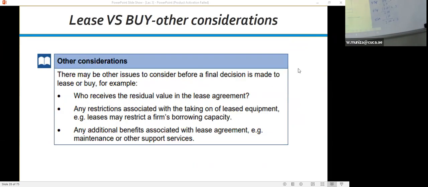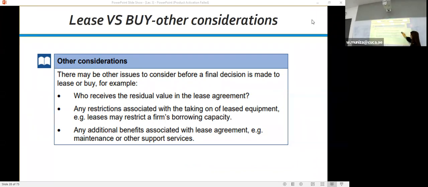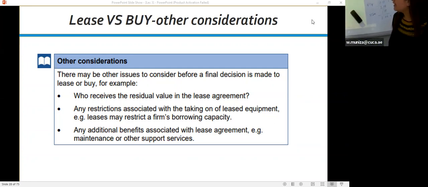Okay, now students, in leasing and buying, there are some other things to be considered, but they are just theoretical matters. What are these? Who receives the residual value in the lease agreement? Any restrictions associated with taking on leased equipment, that is, leases may restrict a firm's borrowing capacity.